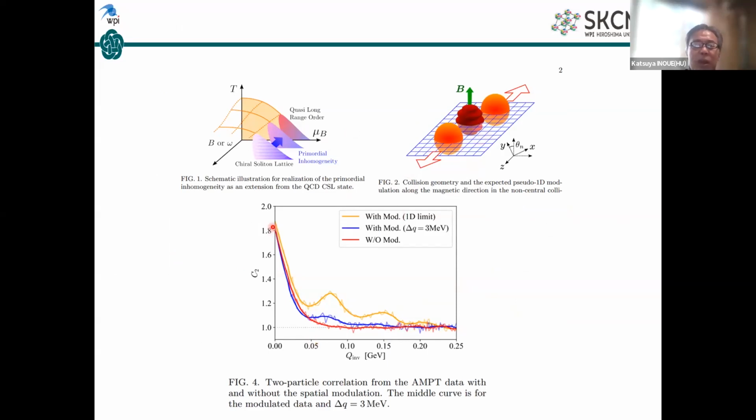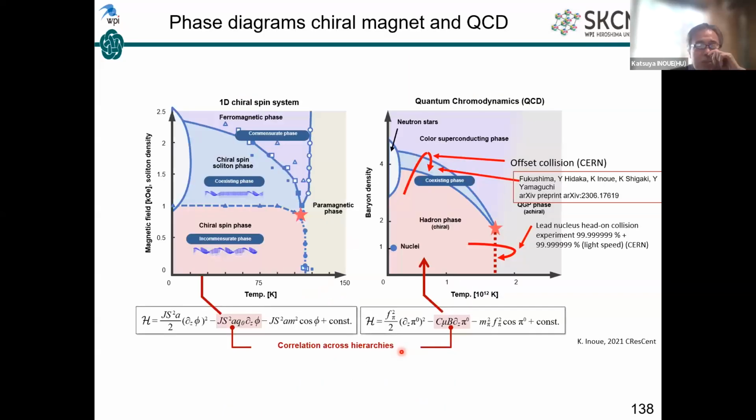Then if we extract data from the collision data, maybe we can find some soliton generation at this energy. This is just the first paper we published, but anyway, in the future, we can do many things.